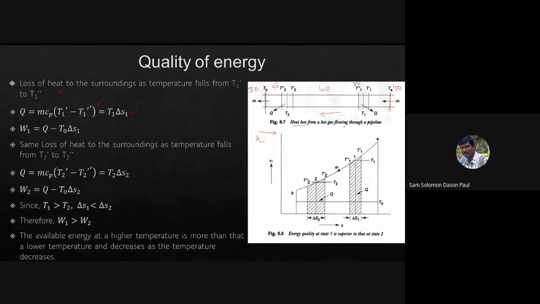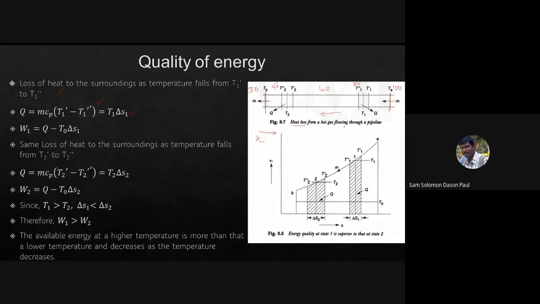Between T1 dash and T1 double dash, if you take the average, you get T1. So T1 into delta S1 will be the heat that is lost to the surroundings when the temperature falls from T1 dash to T1 double dash.